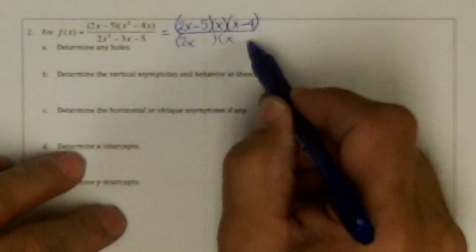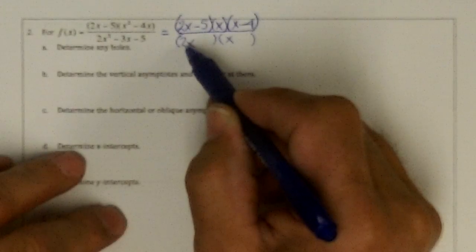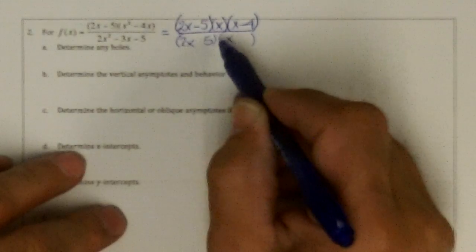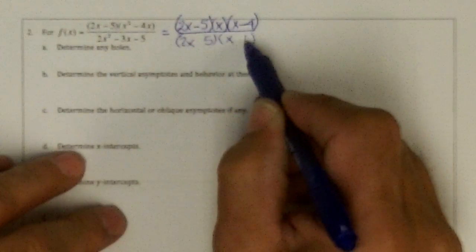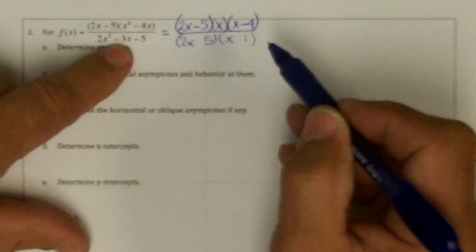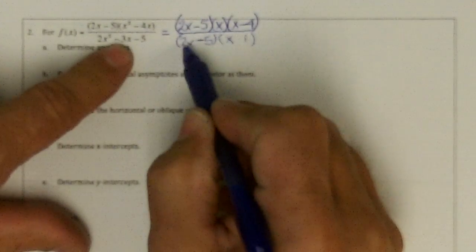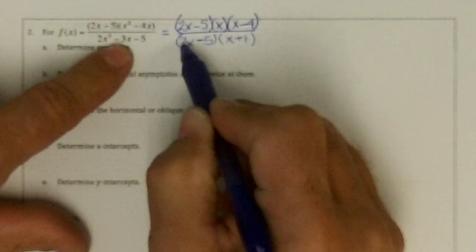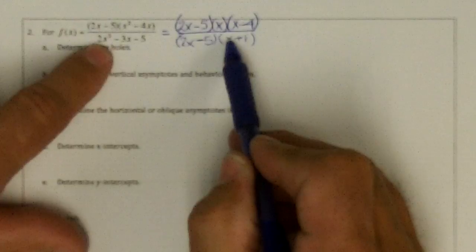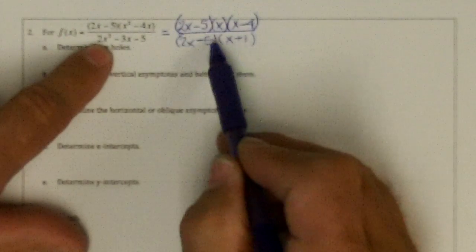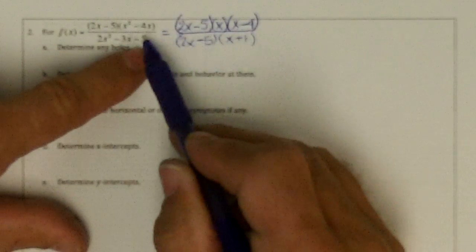If I put a 5 over here, I'm going to have 5 times 2, which is 10. I don't think I want 10. I think I'm going to need a 5 here, so that'd be 5x, and 5 times 1 would be 2x. And to come up with negative 3, I might need to do negative 5x and plus 2x. And if I multiply this out, I get 2x times x, 2x squared, plus 2x and minus 5x is minus 3x, and minus 5 times 1 is plus 5.